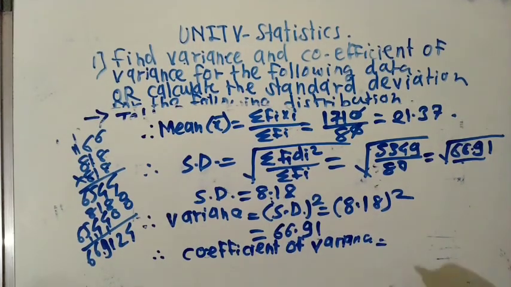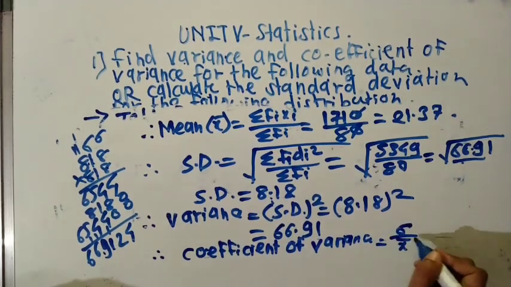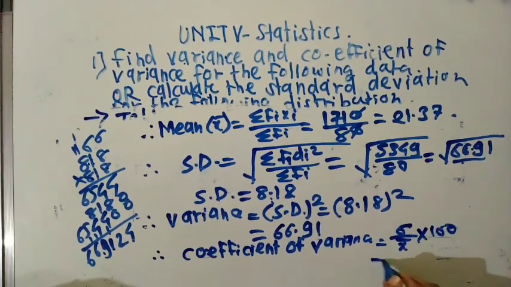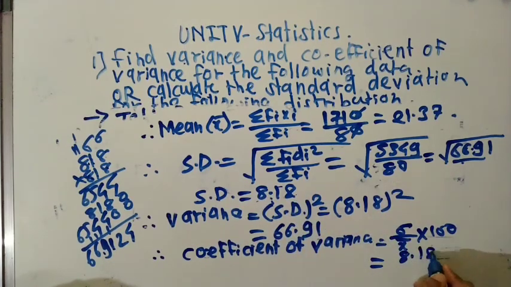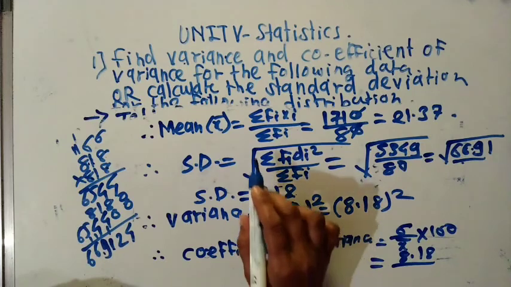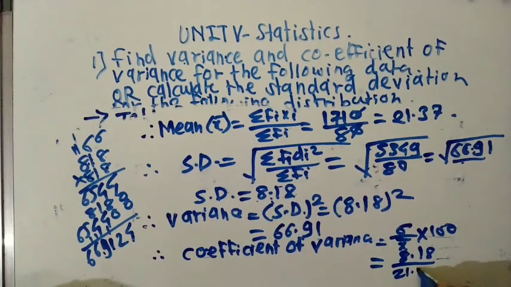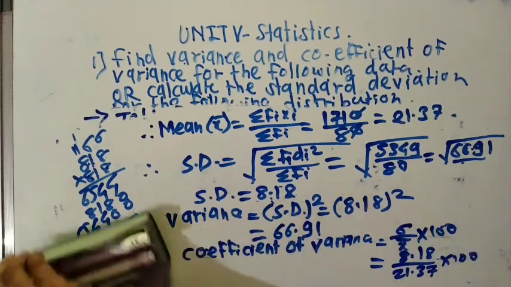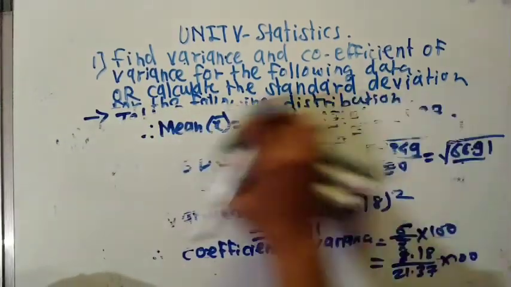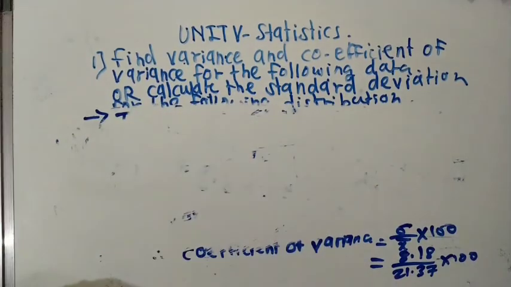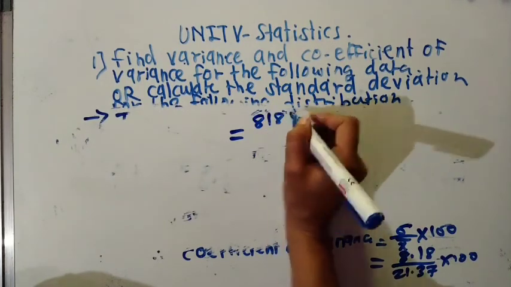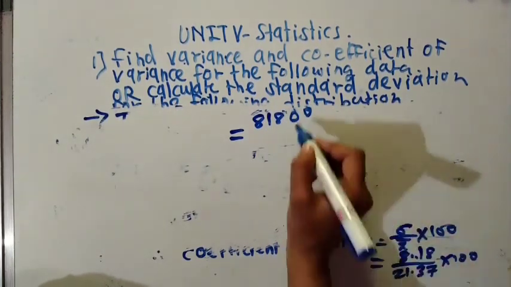It is equal to sigma upon x bar into 100, where sigma is the standard deviation, 8.18, upon x bar, which means 21.37, into 100. Then find out this coefficient of variance: 8.18 into 100 is 818.